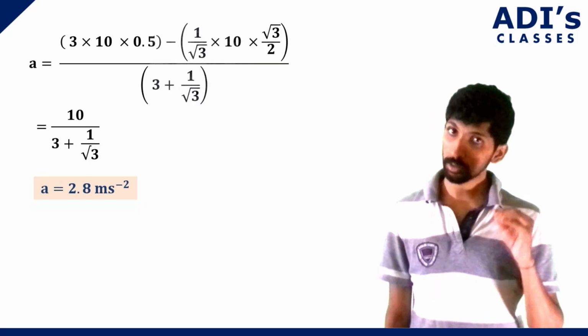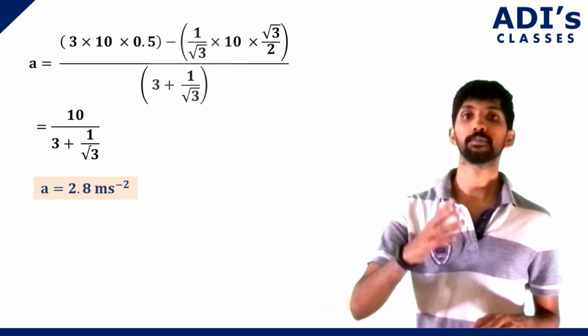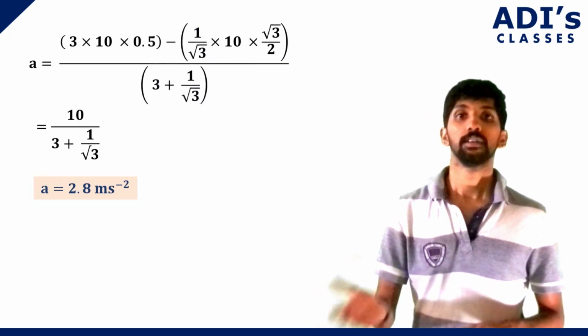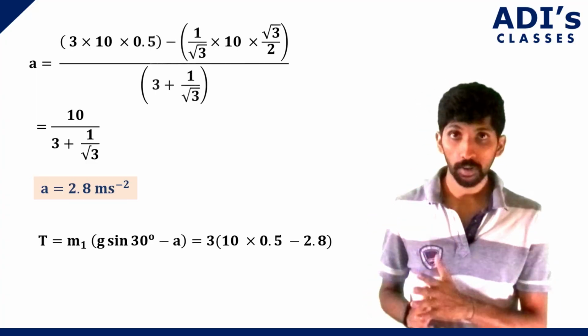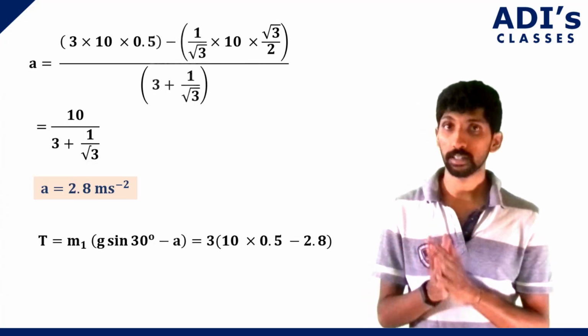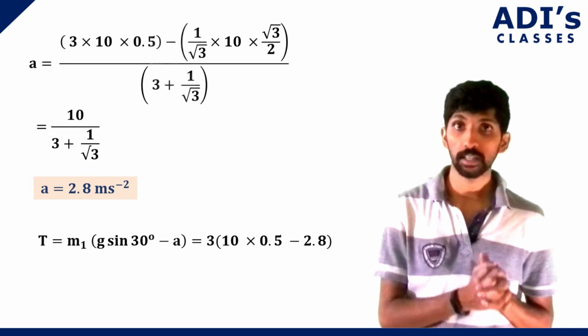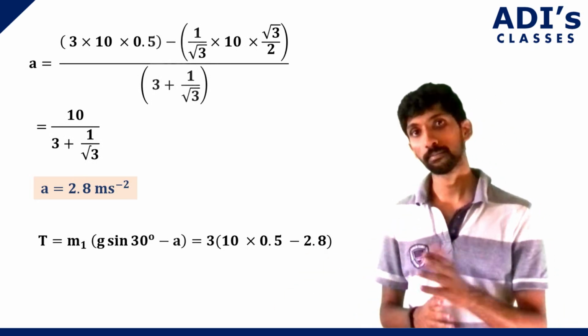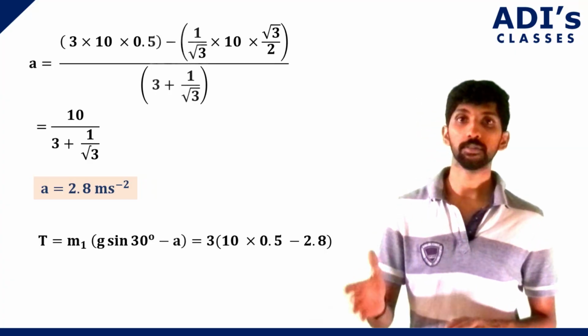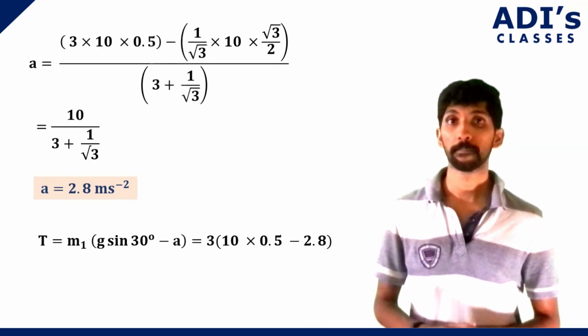Once you have the acceleration, we need to calculate the tension. T equals m1g sine 30 minus m1a, from the first equation. Take m1 common: m1 into g sine 30 minus a.